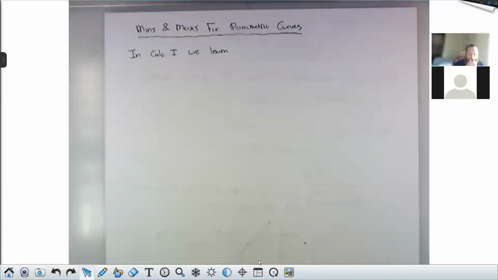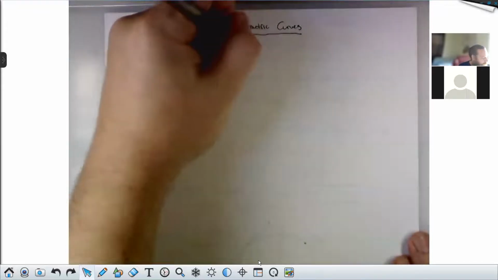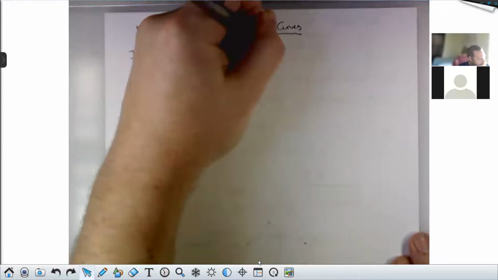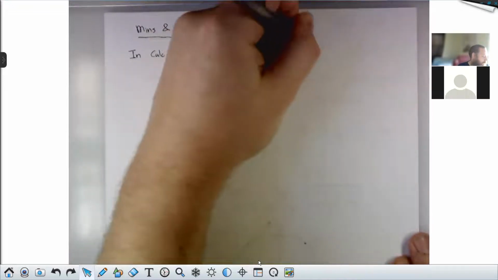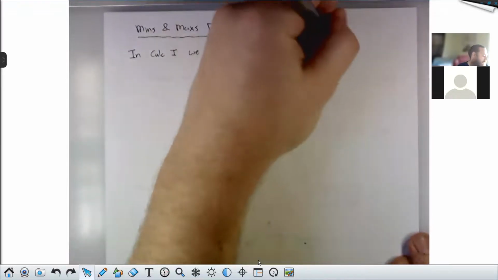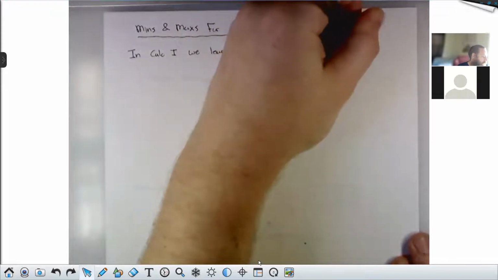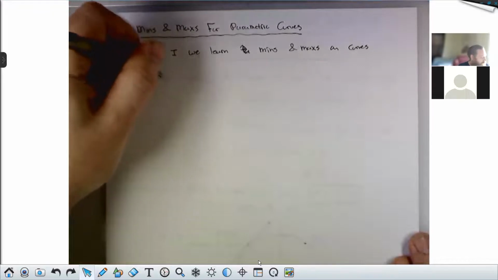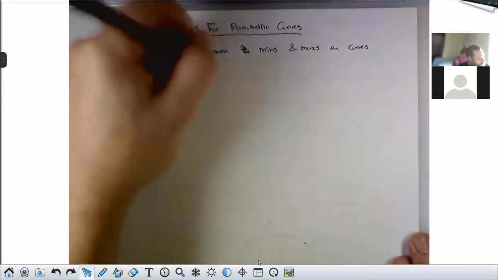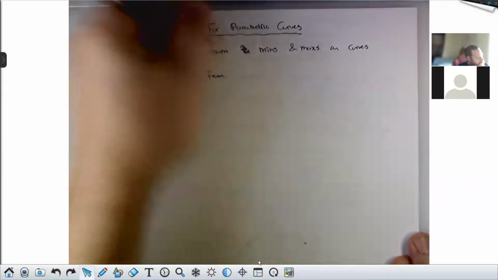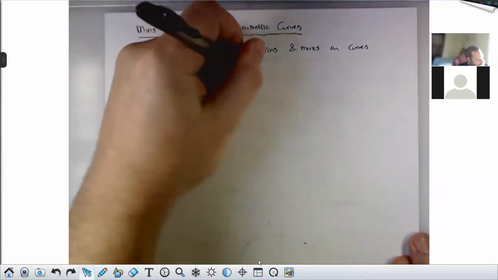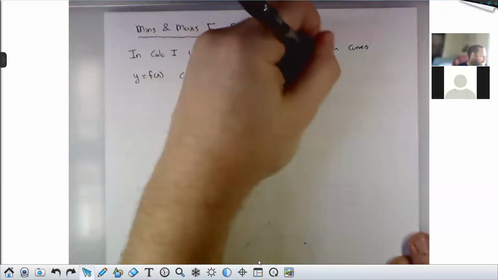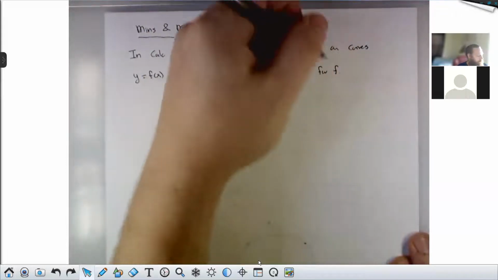The gist of all 3 of those is that mins and maxes on curves y equals f of x come from critical numbers for f.